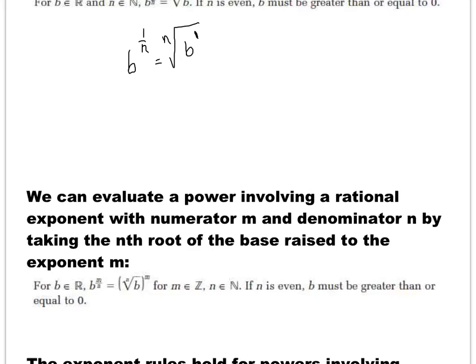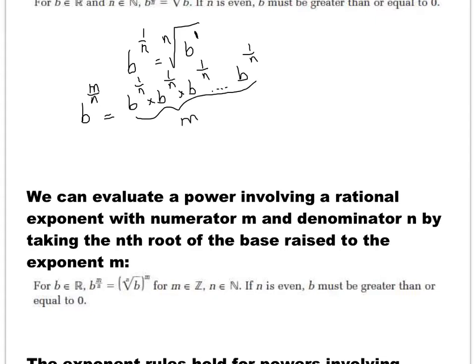Now you may say, what about if the numerator of the rational exponent is not equal to 1? For instance, what about if I have b exponent m over n? By using the laws of exponents, I can write this one as b exponent 1 over n times b exponent 1 over n times b exponent 1 over n, m times.